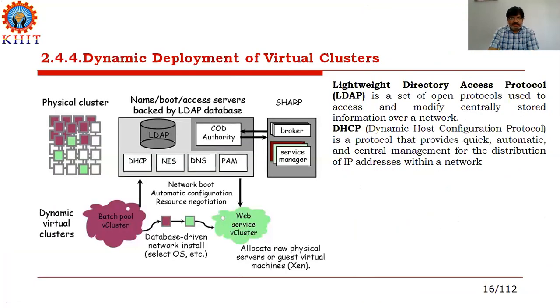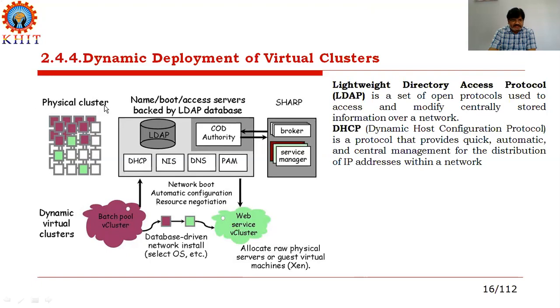Next, what is meant by dynamic deployment of a virtual cluster? Dynamic means not stable. It may vary in terms of deployment, in terms of public, private, and hybrid virtual clouds. Consider two types of clusters in this graph, namely the physical cluster and the virtual cluster.